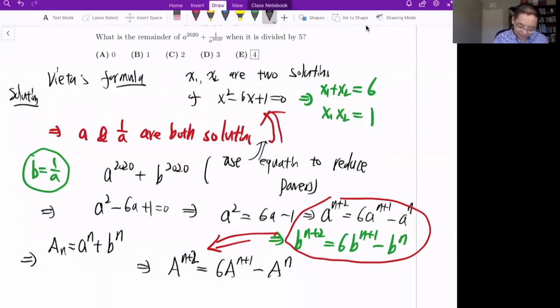Now obviously for power 0, A_0 equals 2, and A_1 is a plus b, which by the Vieta formula equals 6.